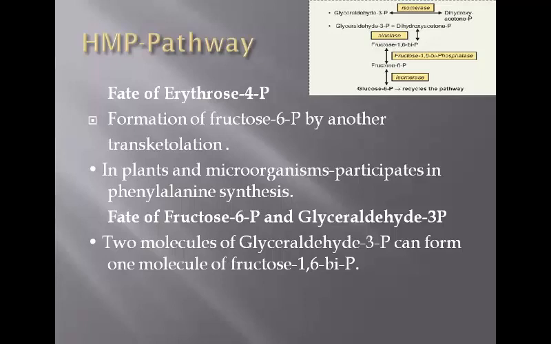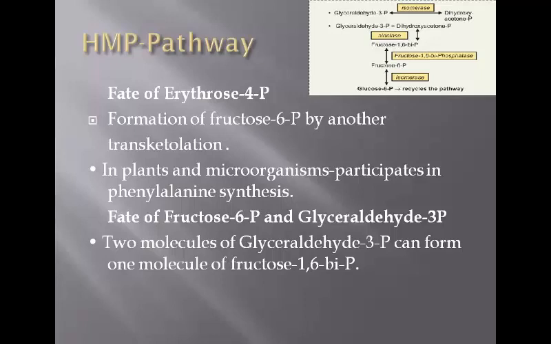So two compounds with 3 carbons here can first form fructose 1,6-bisphosphate in presence of the enzyme aldolase, and then it can be further converted to fructose 6-phosphate by the enzyme fructose 1,6-bisphosphatase.